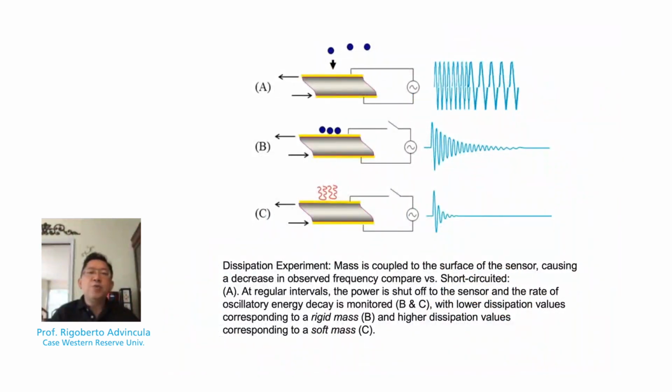Experimentally, what happens is in a normal QCM experiment where you have a driving circuit, the amplitude as shown here is constant, and then depending on the frequency, that's A. However, in B and C, the power is simply shut off to the sensor, and the oscillatory energy decay is monitored.